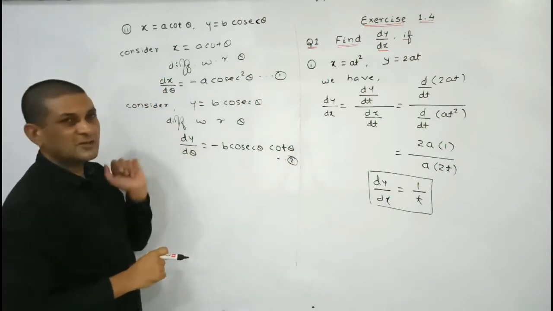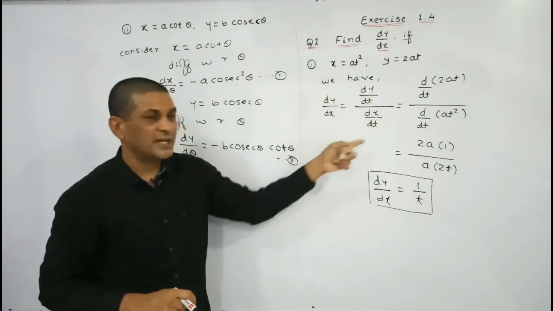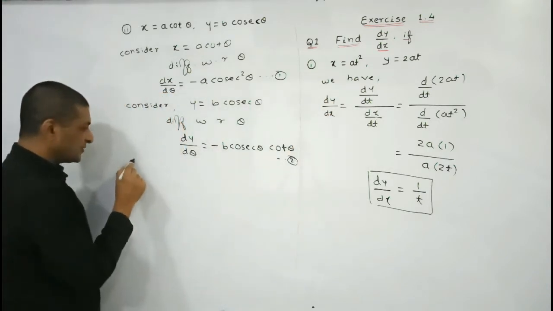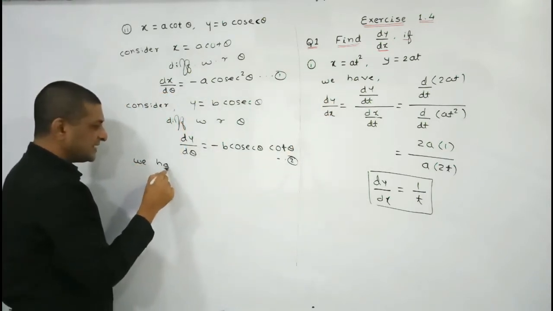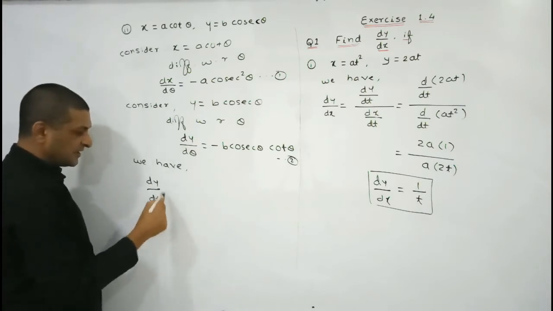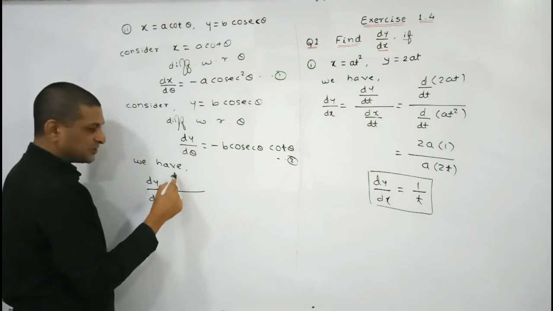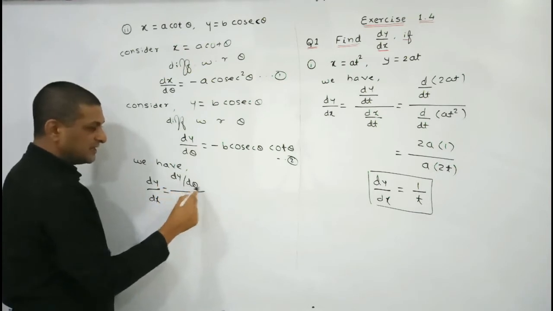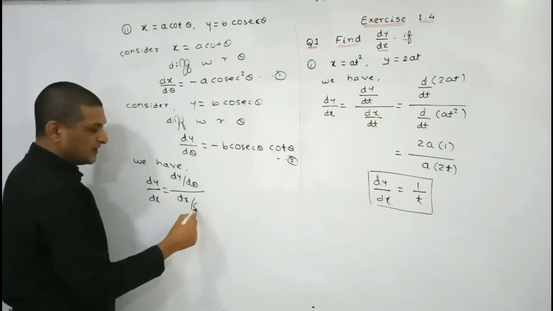Once these values are known to us, apply the theorem to find the differentiation. According to our theorem, dy upon dx can be written as dy upon d theta divided by dx upon d theta.